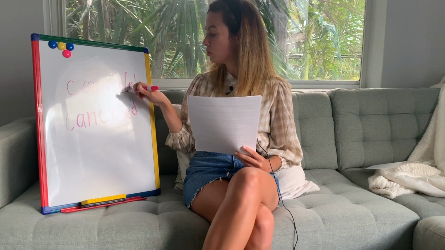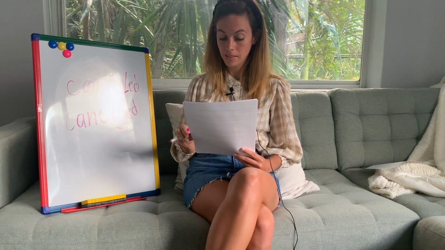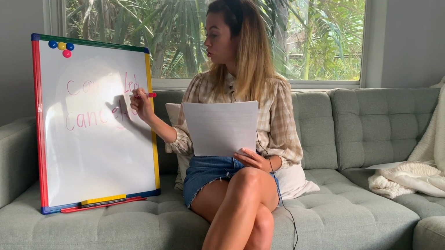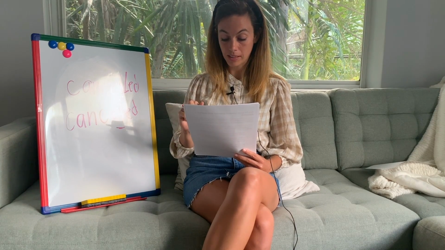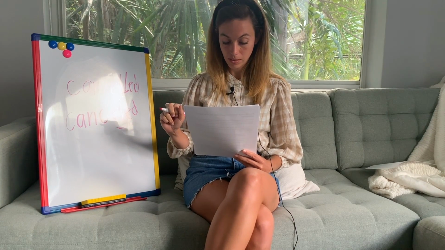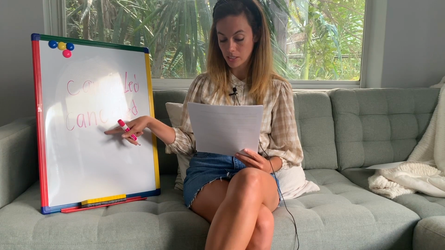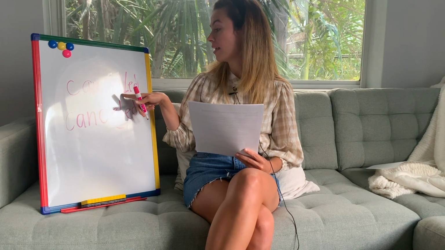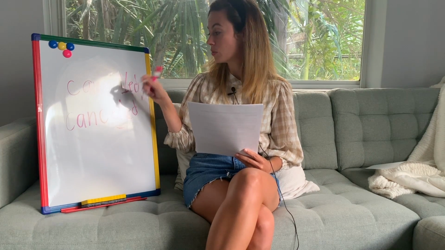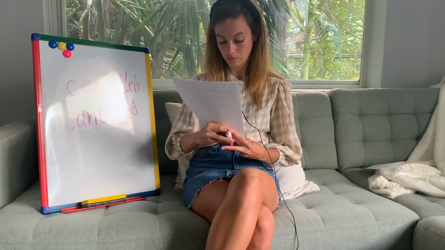This one has two L's and this one has one L. With one L is the preferred spelling in American English. With two L's is the preferred spelling in British English. So when you say canceled for American English, you're going to want to use one L. When you say cancelled in British English, when you're writing it, you're going to want to use the two L's.